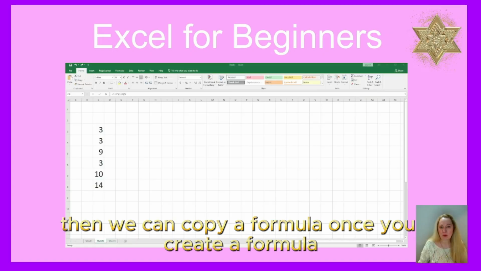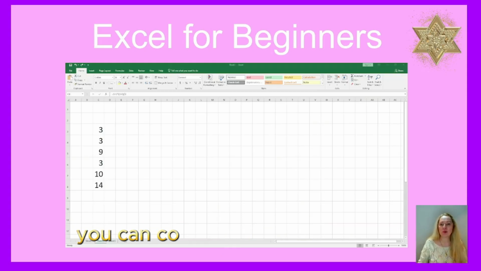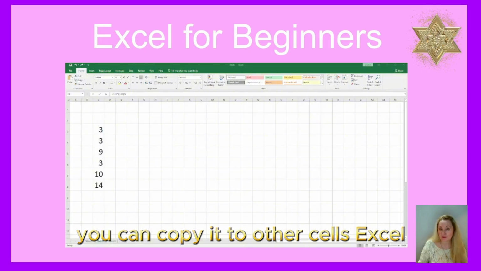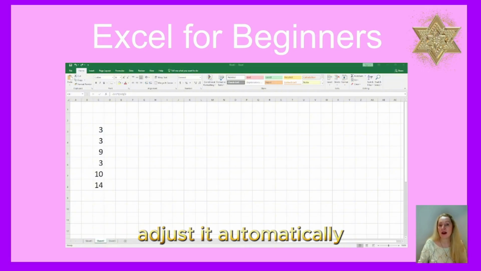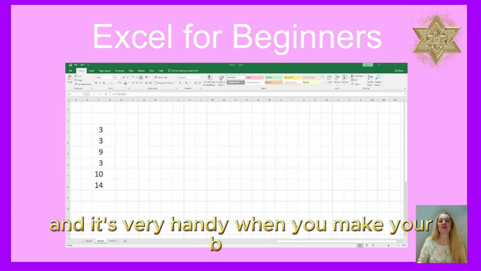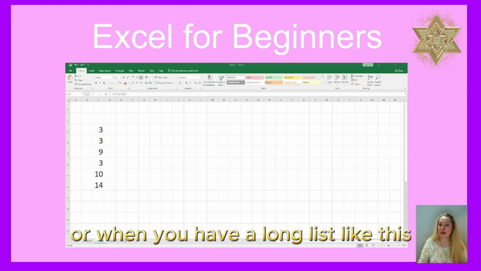Then we can copy a formula. Once you create a formula, you can copy it to other cells. Excel adjusts it automatically. And it's very handy when you make your budget or when you have a long list like this.